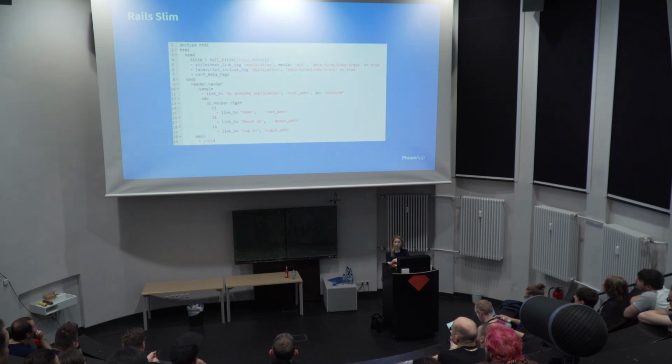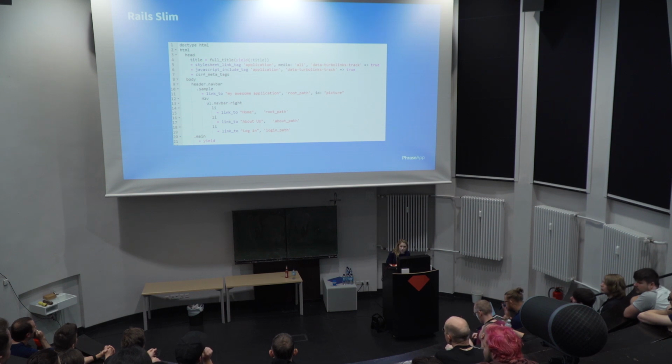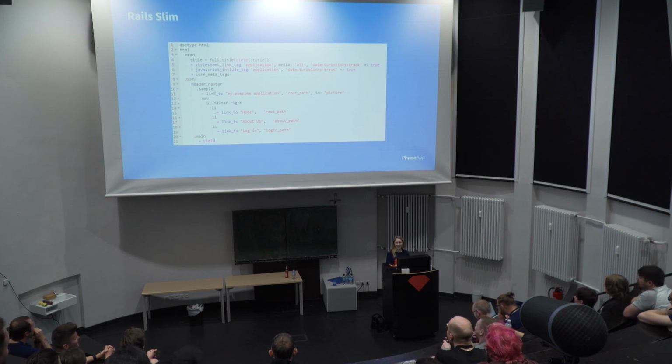Yes, there you had nav, which is an HTML element, right? Yes. So any class starts with a dot in this template? Yes. Okay, so dot sample is like a class.